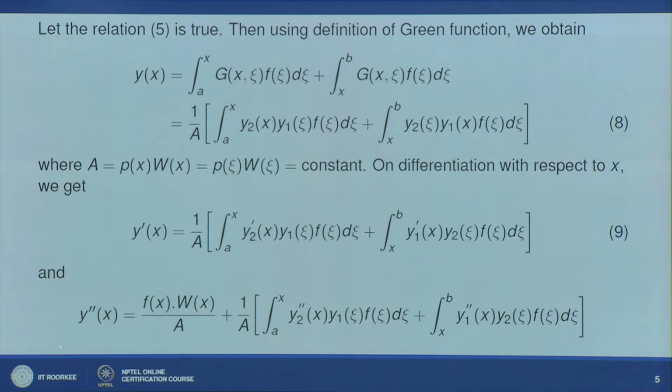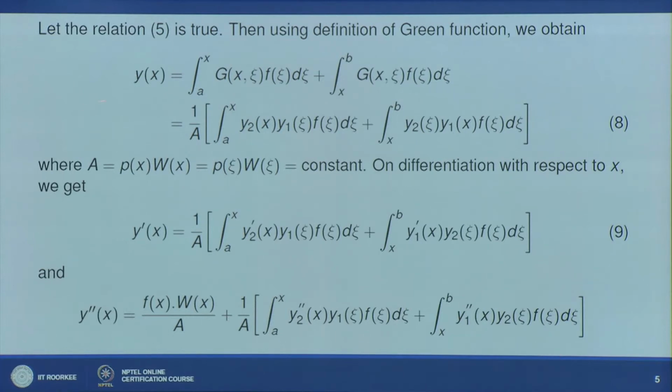Using the same formula you can define y double dash x, and now here the boundary condition. When you consider the upper limit and here the lower limit, and using the jump discontinuity of Green's function, it is coming out to be this quantity: y double dash x is equal to f(x) into W(x), the Wronskian of x, divided by a, plus this quantity.